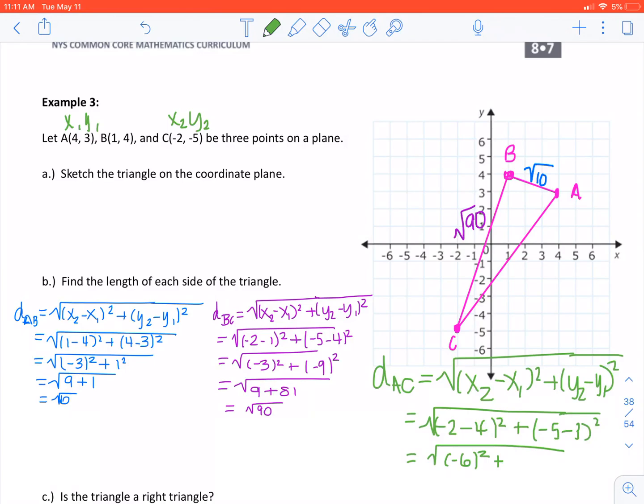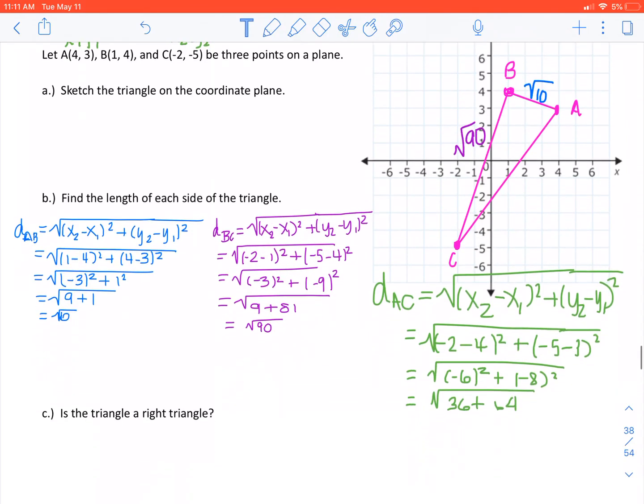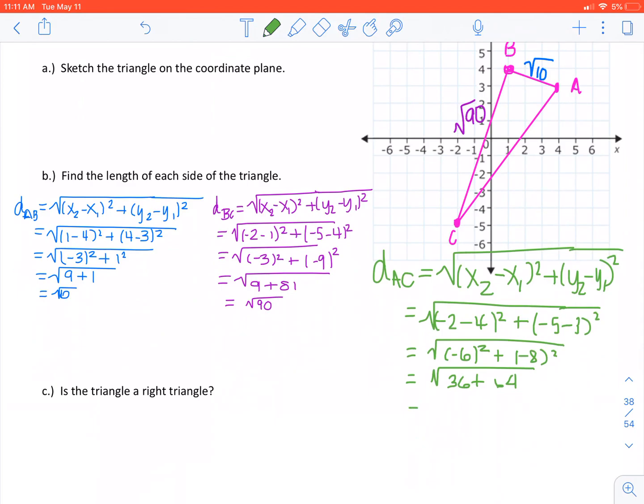And then -5 minus 3 is -8. So -6 squared is 36. -8 squared is 64. So I'm going to add those together. 36 plus 64 is 100. Now the square root of 100 is 10. So this side right here is 10.